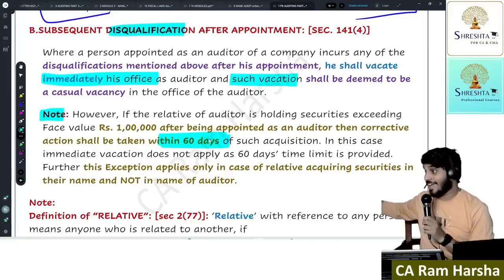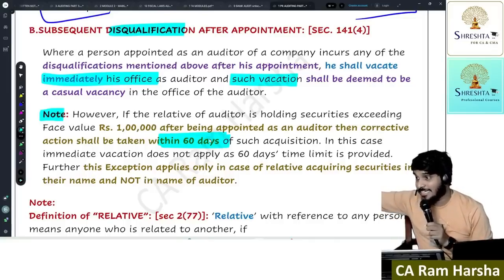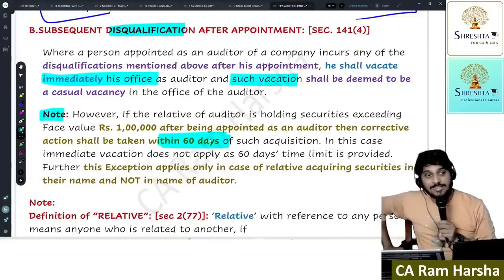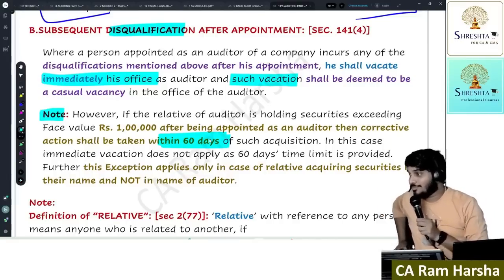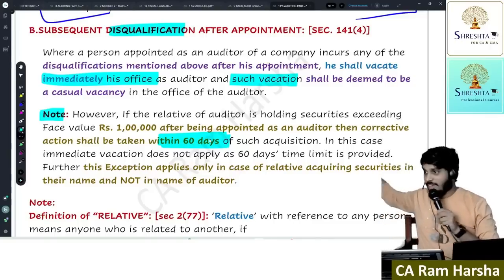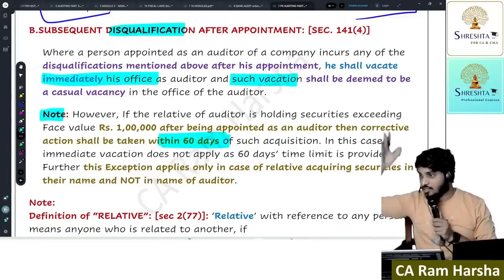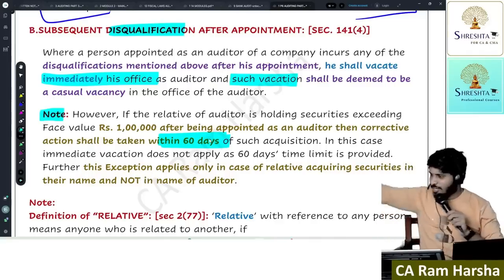Suppose my relative acquired securities of more than 1 lakh face value accidentally. How accidentally? Bonus shares. Suppose in Tata Motors, my wife has shares worth 75,000 rupees face value. Market value doesn't matter; market value can be crores.